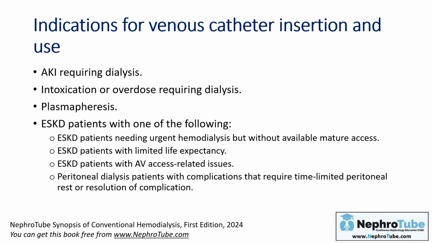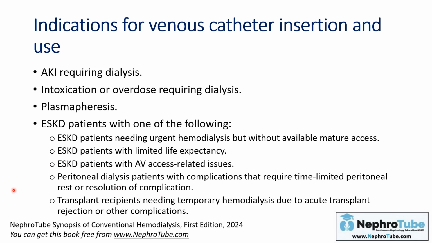venous catheters can be used in end-stage kidney disease patients on peritoneal dialysis with complications as peritonitis, for example, where the patient requires time-limited peritoneal rest till the resolution of the complication. So in this situation, we will shift the patient from peritoneal dialysis to hemodialysis till the complication is resolved.